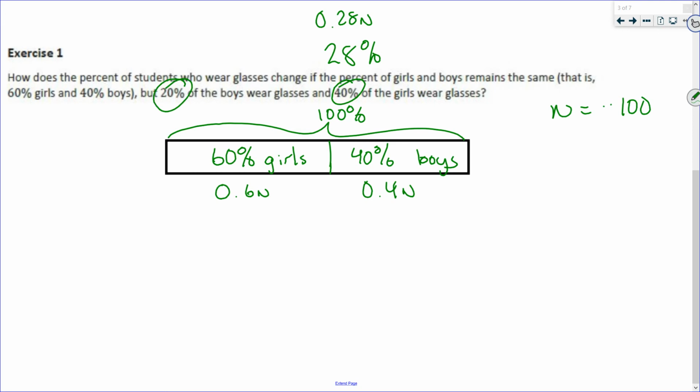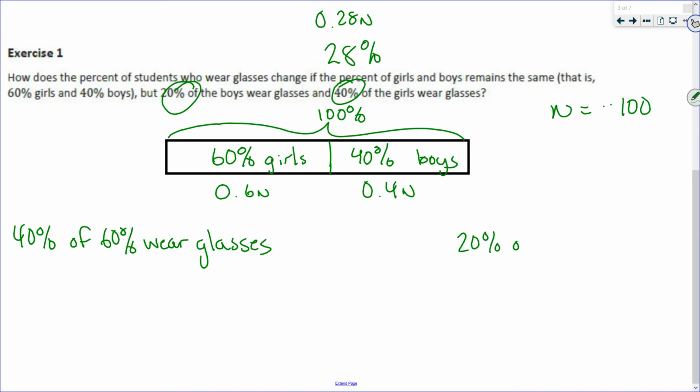So this time we're saying 40% of the 60% of girls that are in the classroom wear glasses. And then we're saying that 20% of the boys, the boys represent 40% of the class, so 20% of that 40%. So 20% of 40% of the boys wear glasses, and we're just going to say WG.